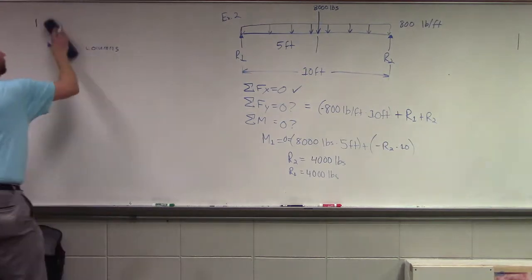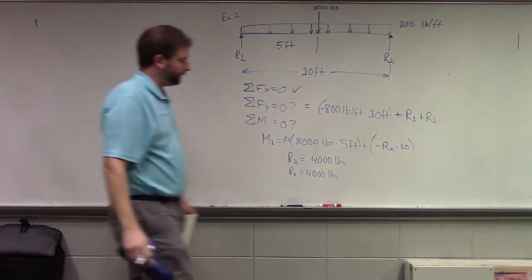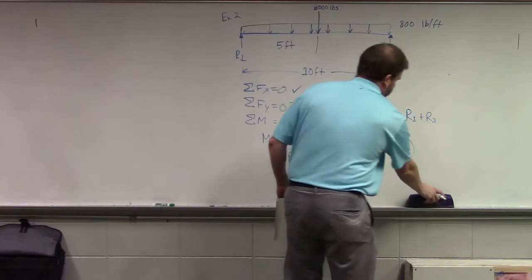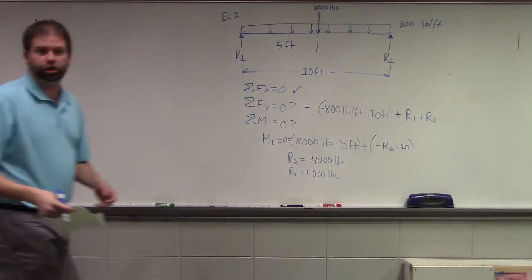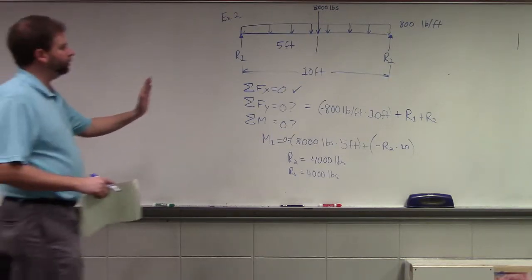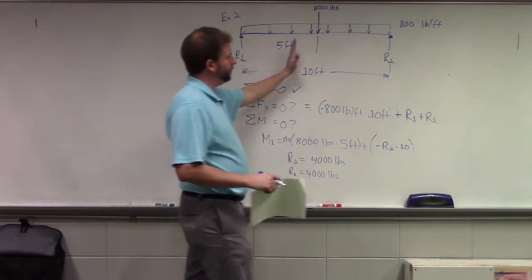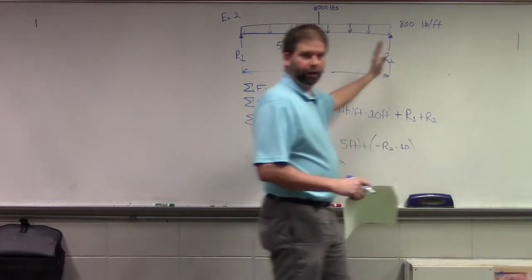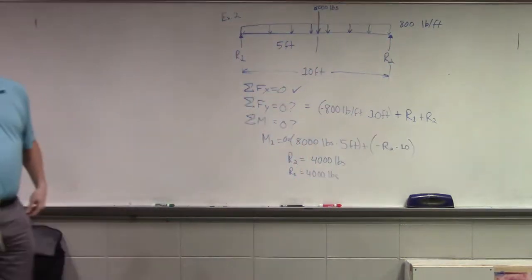So now we can look at how these forces are acting as shear elements. What you'll do is step along your beam at various points, and just determine them at a couple of points.